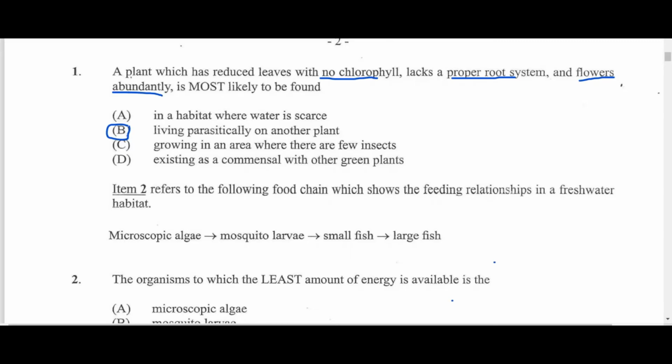If a plant lacks chlorophyll and lacks a proper rooting system, however, it is flowering abundantly, then the nutrients would have had to be obtained from somewhere.